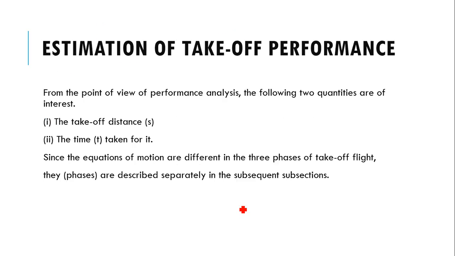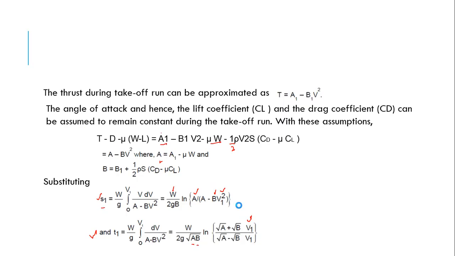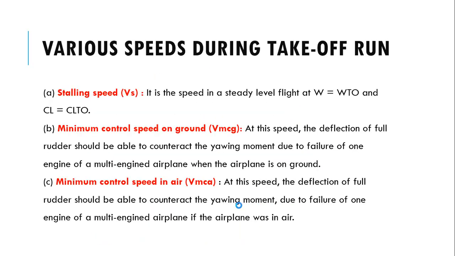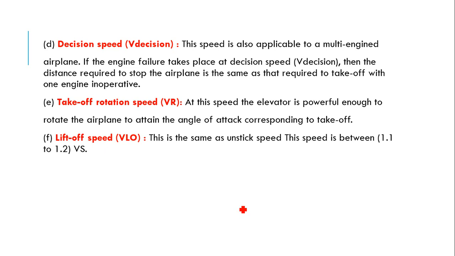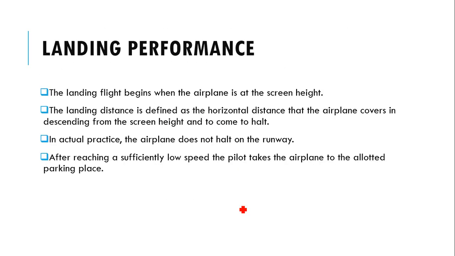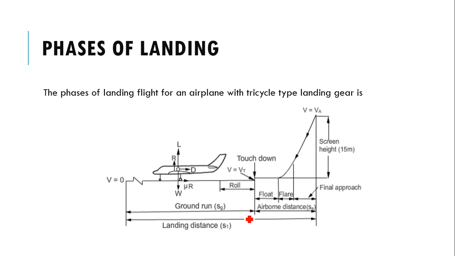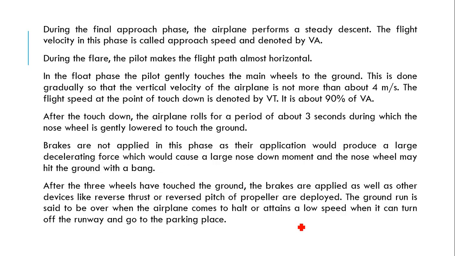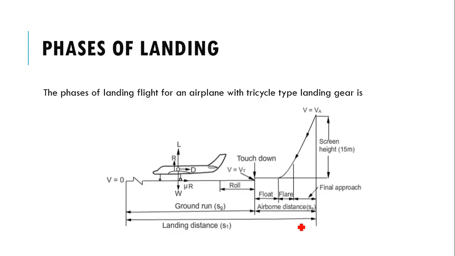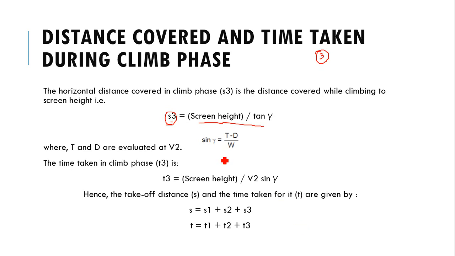The aircraft will be flying at some angle. So we can put sin gamma equal to the screen height over the distance, or tan gamma equal to screen height divided by S3.